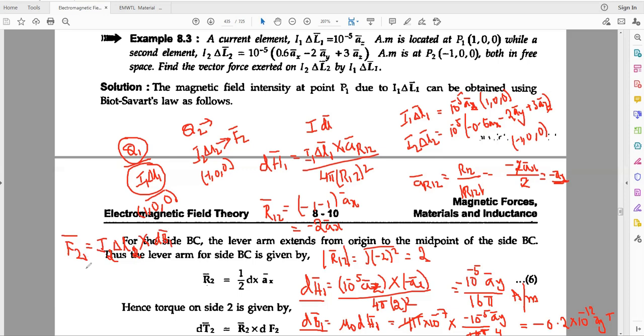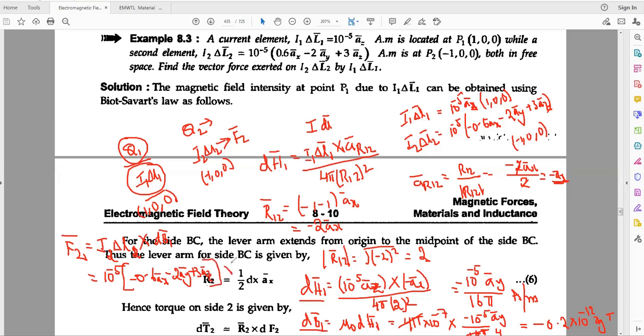This is the formula for F2 bar. So what is the I2 delta L2 given? 10 power -5 multiplied with (-0.6 AX bar minus 2 AY bar plus 3 AZ bar).